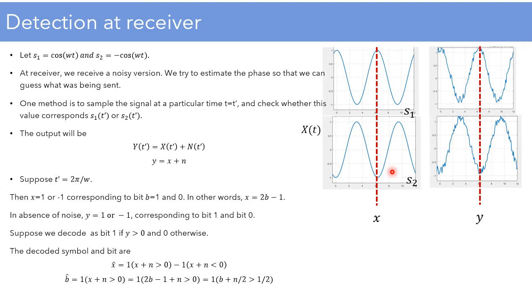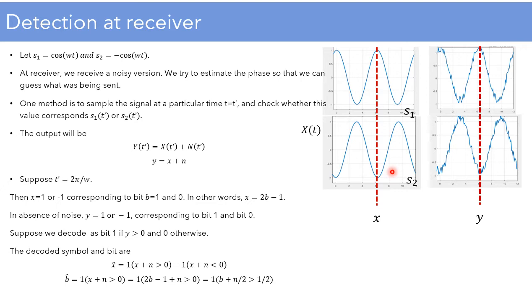So if you get a signal which is less than 0, there is a higher chance that the transmitted bit corresponded to -1, or bit was 0. So this is the intuition of the decoding here. We choose that if the received sample is more than 0, we say bit 1 was transmitted, and if it is less than 0, we say bit 0 was transmitted.